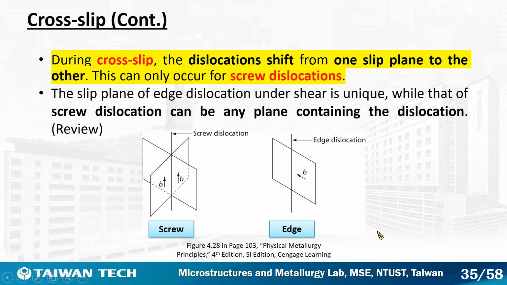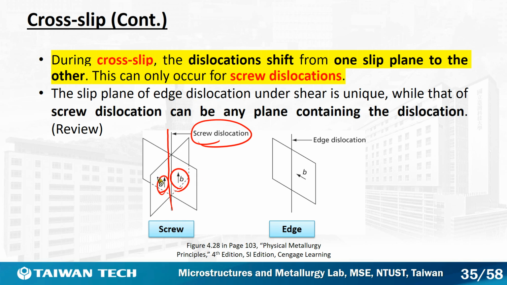During cross slip, the dislocation will go from one slip plane to the other because they share the same slip direction, right? As we mentioned before, for a screw dislocation, we first identify here the screw dislocation line. For the same Burgers vector, we observe that more than one slip plane can exist.